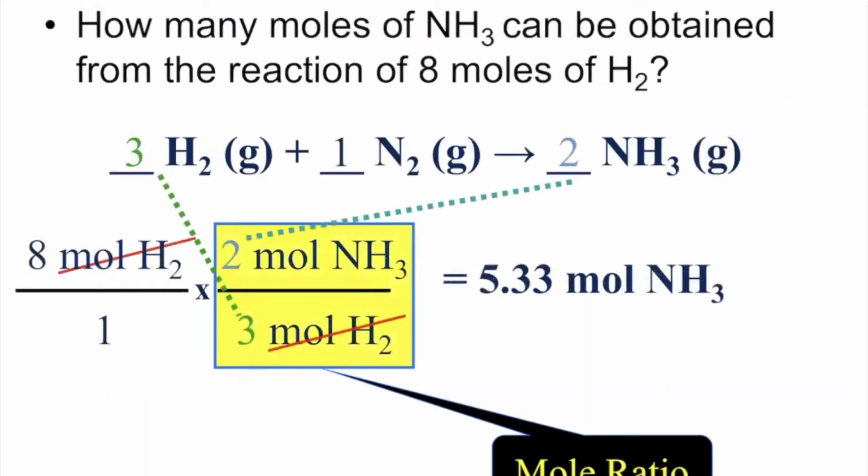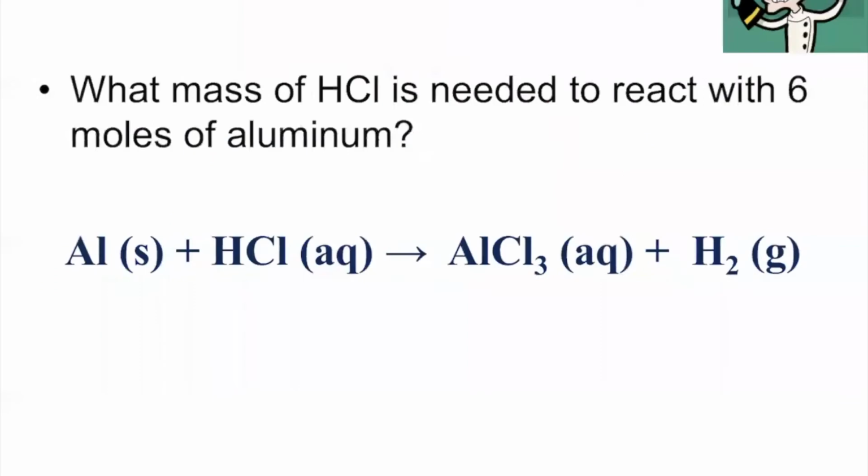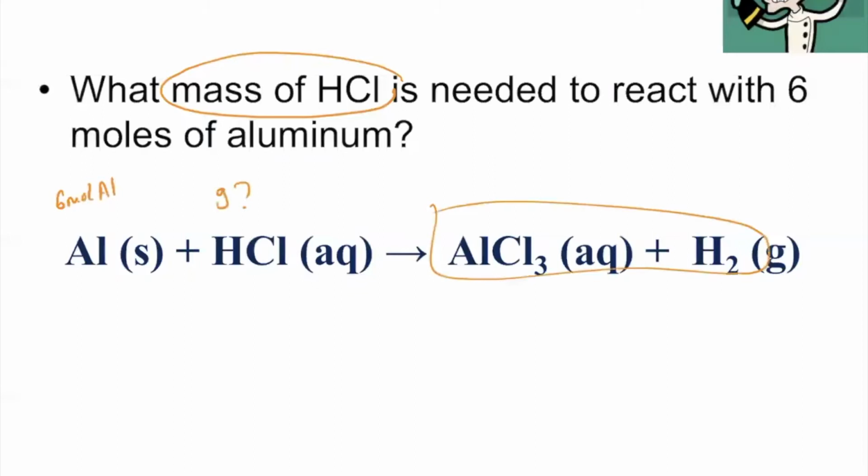Now the upcoming one is a little bit more difficult because now you want mass of hydrochloric acid. And you're dealing with aluminum. So you're starting with 6 moles of aluminum and you want grams of hydrochloric acid. What that means is in this case, you can ignore the products. But before you do it, first balance the equation.